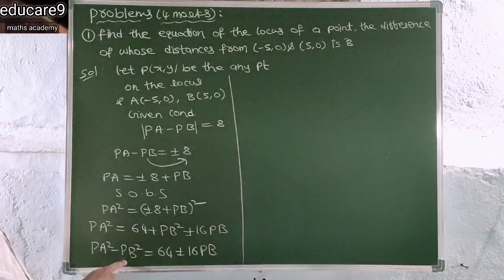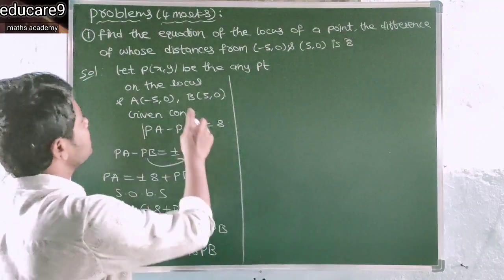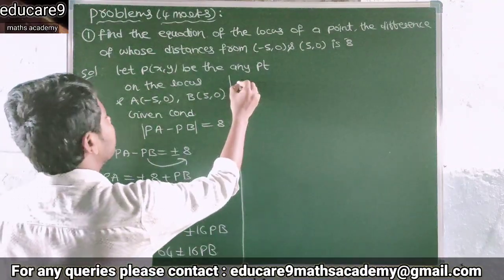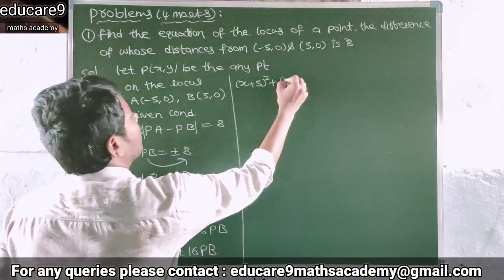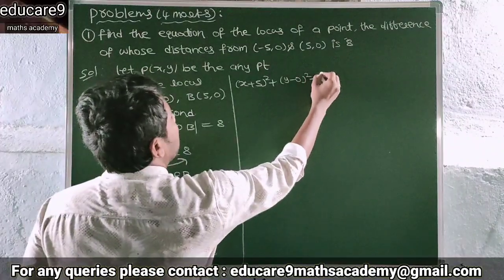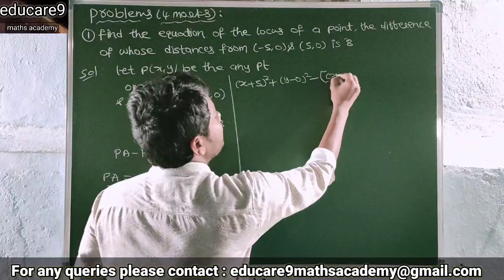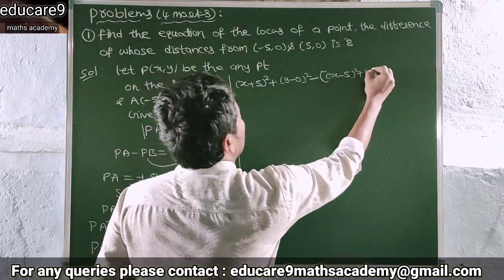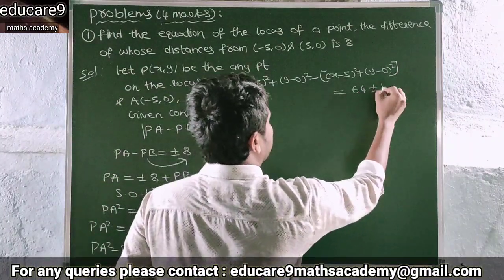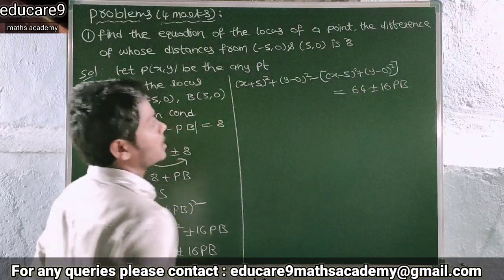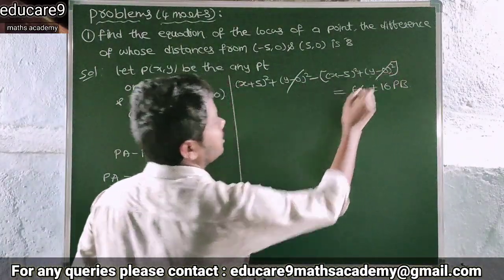Here PA and PB are distances between two points, so we have to apply the distance formula. PA² is (x + 5)² + (y - 0)², minus PB², that is (x - 5)² + (y - 0)², equals 64 ± 16PB. Here (y - 0)² minus (y - 0)² get cancelled.